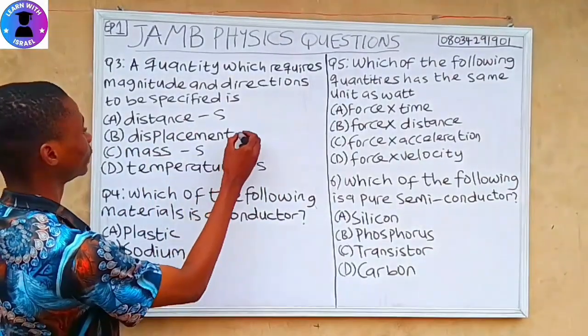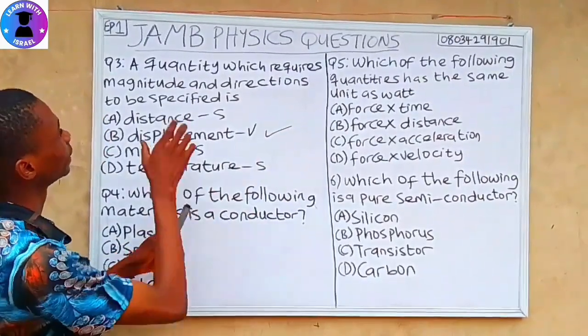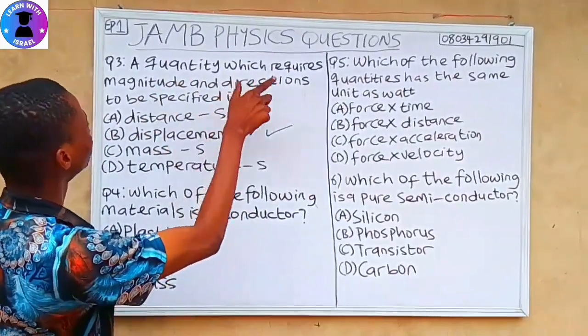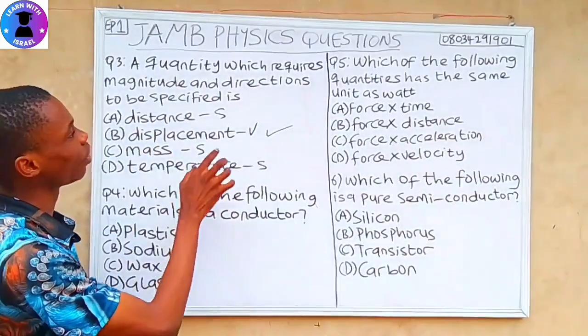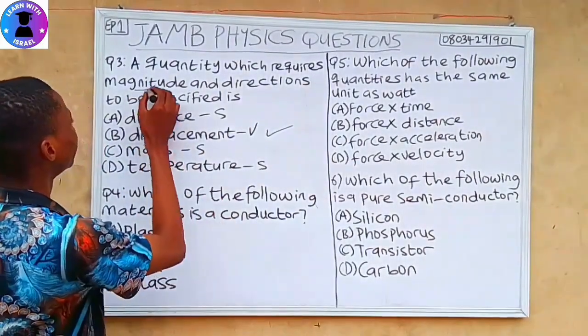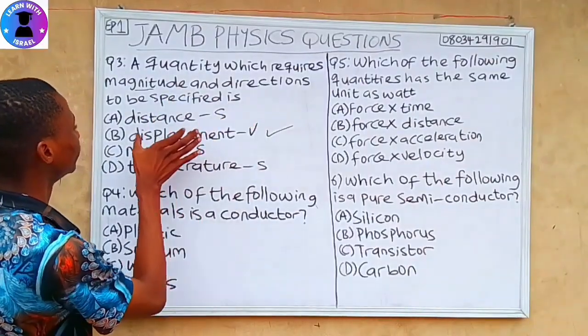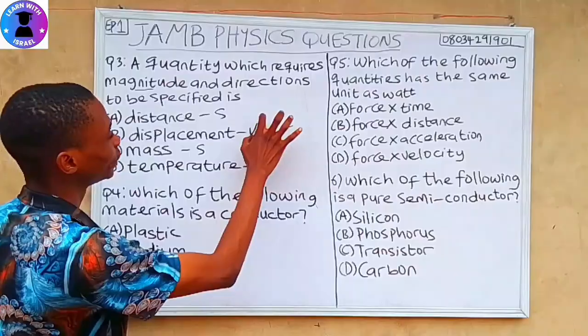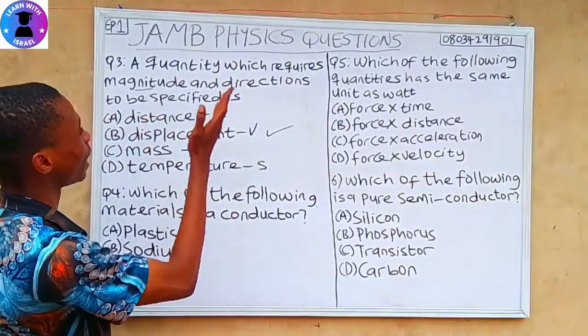The only vector quantity is displacement, which is the correct answer. Distance, mass, and temperature only require magnitude and they have no direction. But the one that has the two is displacement, and that's the definition of a vector quantity, while scalar only has magnitude but no direction.